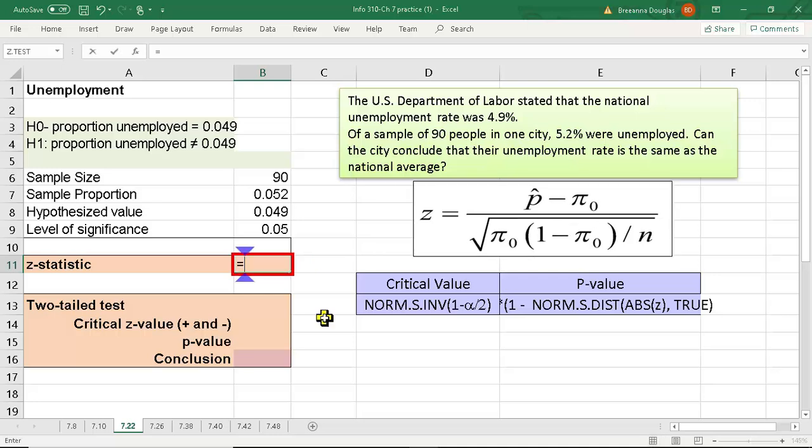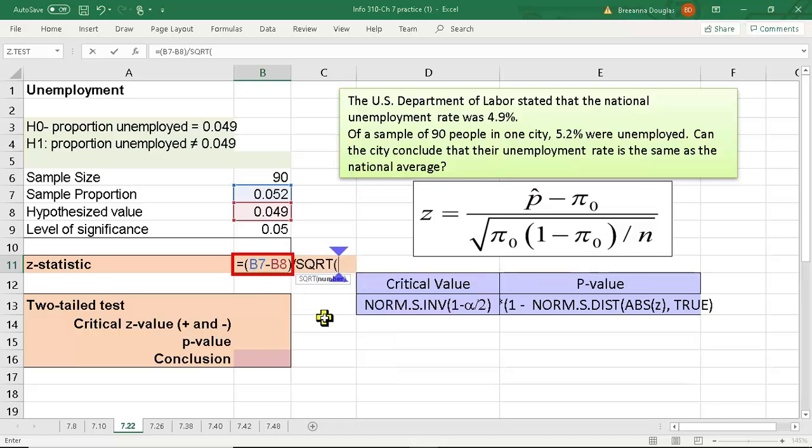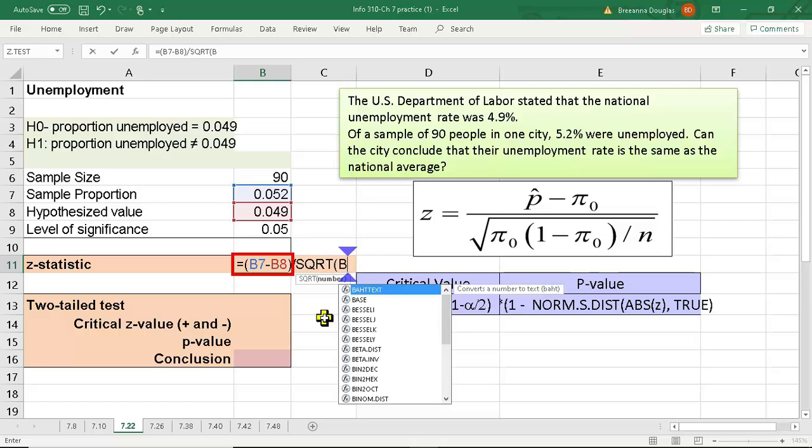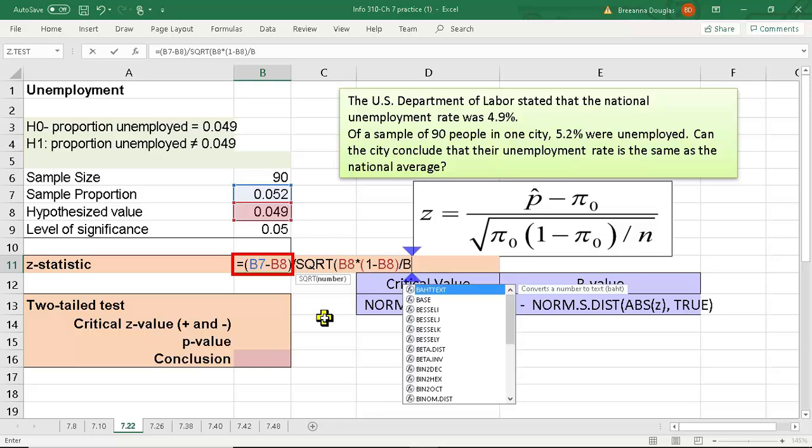For this problem, you will do B7 minus B8 divided by the square root of B8 times 1 minus B8 divided by B6.